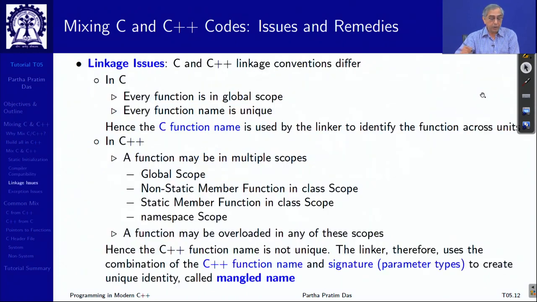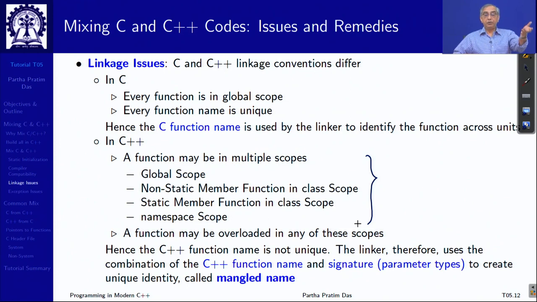Now, linkage is a big problem, because C and C++ linkage conventions differ in the basic philosophy. In C, every function is global, it is in the global space, so every function name is unique. Whereas, as you have learnt in C++, a function may have multiple scopes.